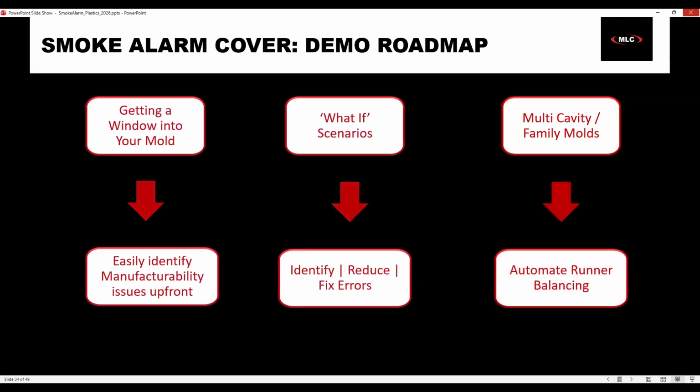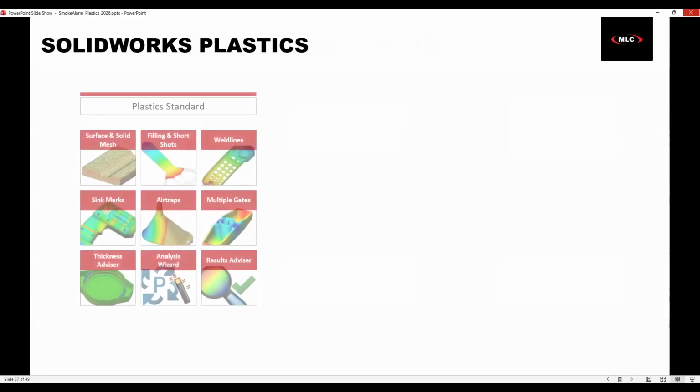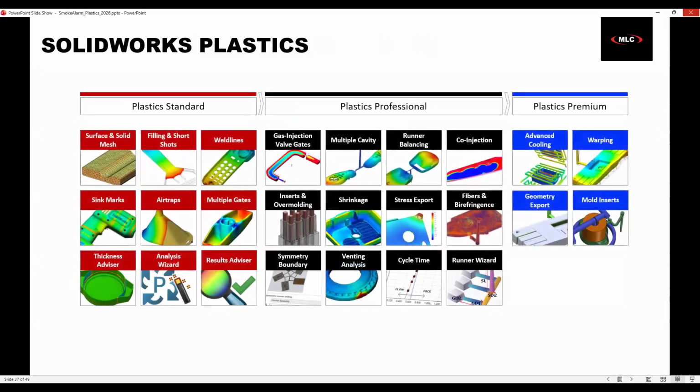And then just to cap this off at the end, these are the different licenses of plastics. Most of what we talked about tonight was in the plastics standard, but the plastics professional does have the multiple cavities, the runner balancing that we showed, that runner wizard that's really just setting up the runner system, and of course some other items that we didn't have time to talk about.